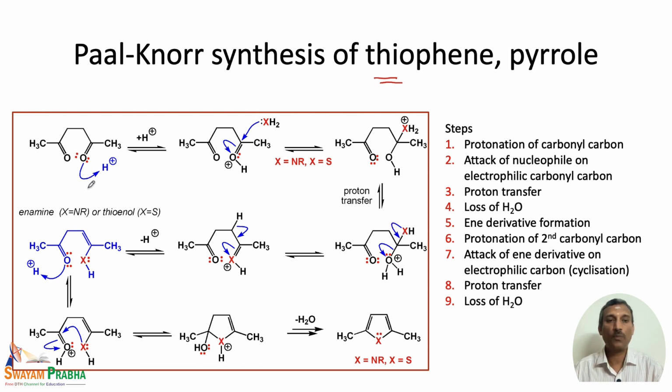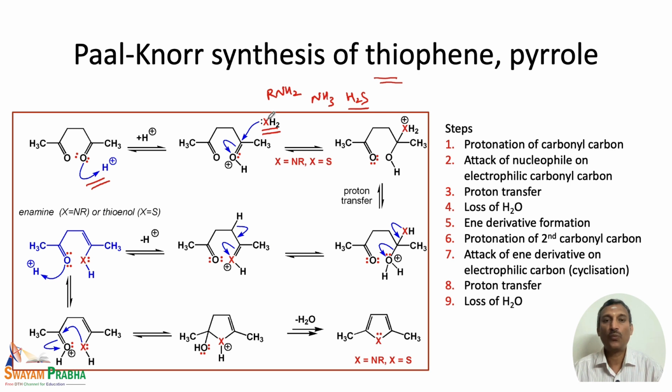So, the initial step is the same, the protonation of the carbonyl oxygen takes place, and now this electrophilic carbon is being attacked by the nucleophile. Whether we use hydrogen sulfide or ammonia or a primary amine, if it is a primary amine it is RNH2, if it is ammonia it is NH3, and if it is hydrogen sulfide then the X is sulfur.